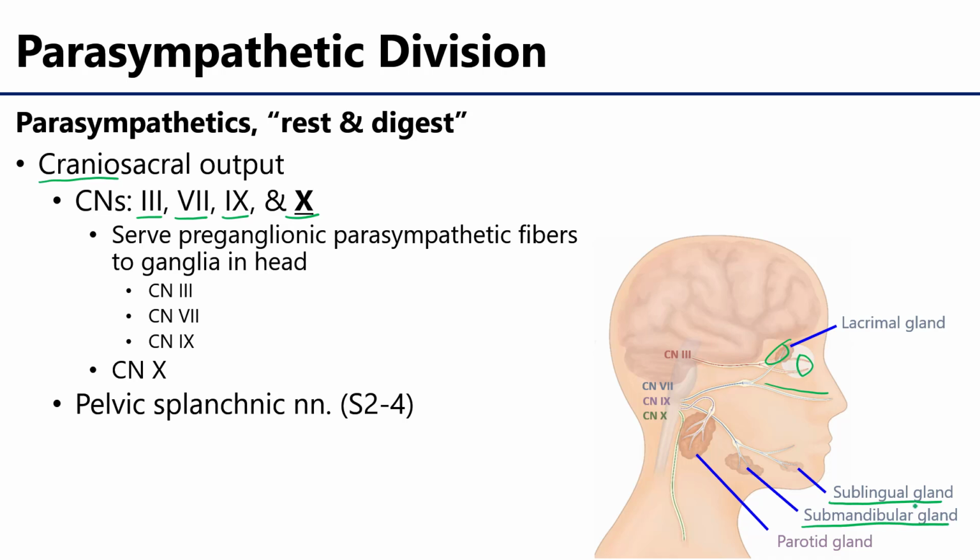Whereas 9, the glossopharyngeal nerve, is going to serve the other major salivary gland, the parotid gland.